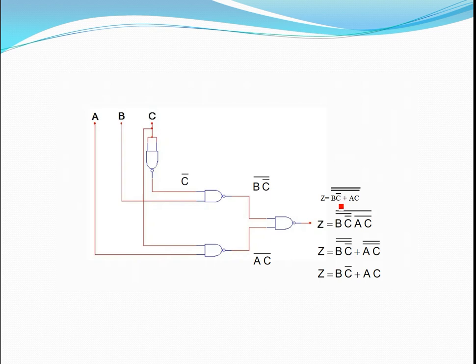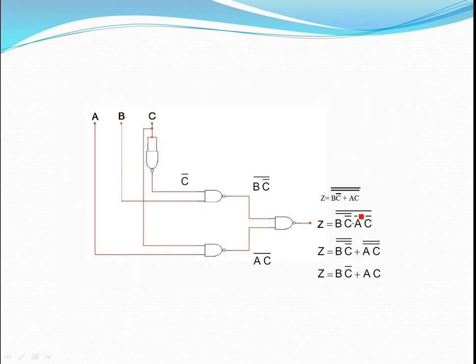Here you can see BC bar plus AC, take the double bar. If I take the double bar, the expression will not change. Now apply De Morgan's theorem and simplify this expression. So z equal to BC bar dot AC whole bar, and one more bar by applying De Morgan. That means this plus becomes dot, and BC bar whole bar is there and AC whole bar, and the whole bar is as it is.